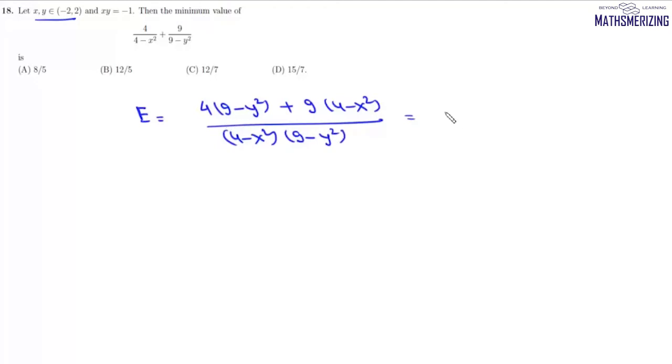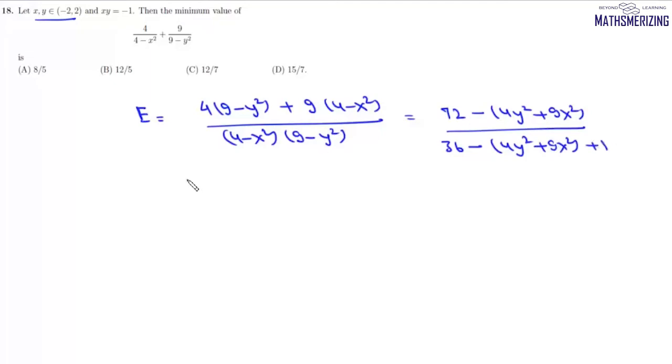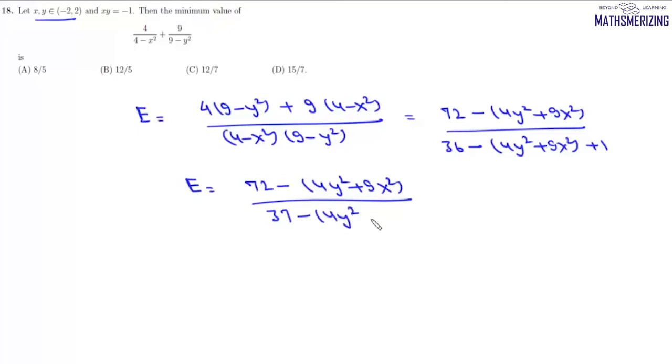Now it will be 36 plus 36, 72 minus (4y^2 + 9x^2) upon 36 minus (4y^2 + 9x^2 + x^2y^2), which is nothing but 1. So we can write this expression E as 72 minus (4y^2 + 9x^2) upon 37 minus (4y^2 + 9x^2).